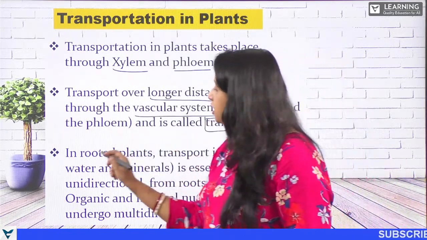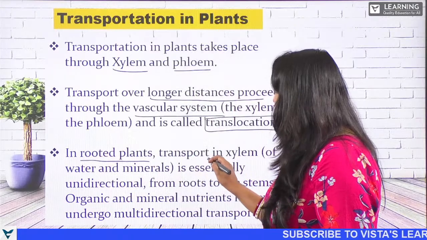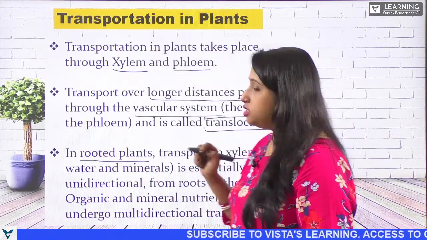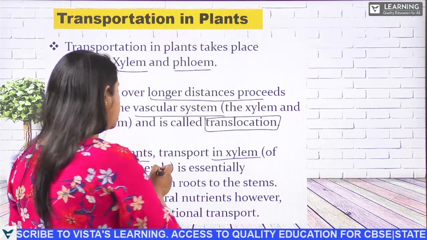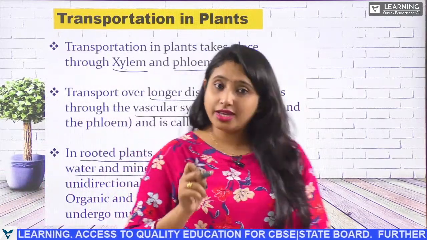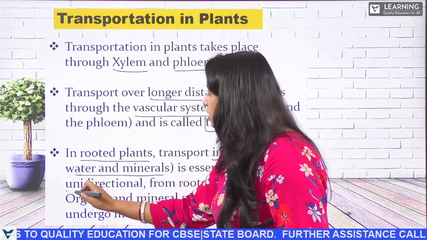Clear? Next, in rooted plants, transport in xylem, that is water and minerals. Xylem is responsible for transporting water and minerals, and is essentially unidirectional.